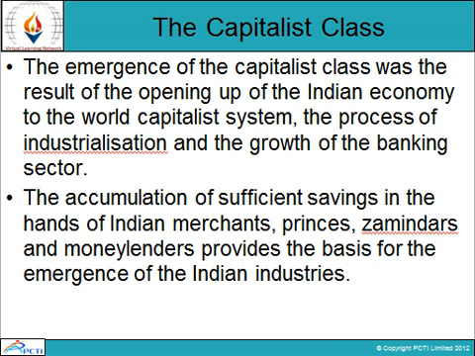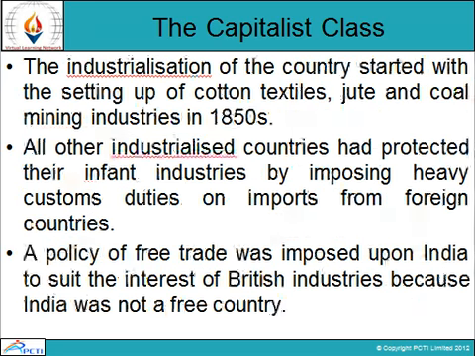The accumulation of sufficient savings in the hands of Indian merchant princes, zamindars and moneylenders provided the basis for the emergence of Indian industry. The industrialization of the country started with the setting up of cotton textile, jute and coal mining industries in the 1850s.